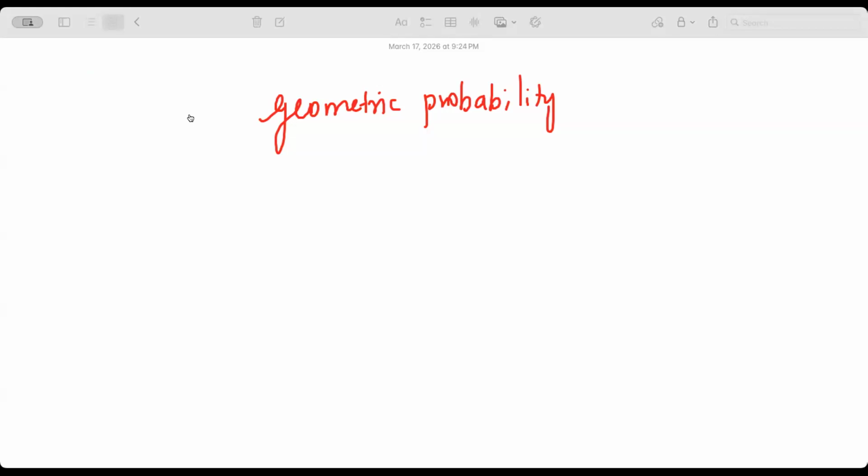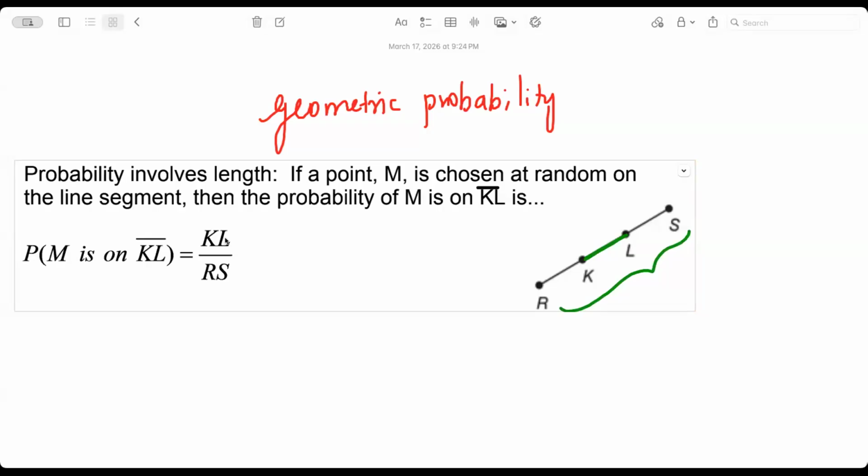I'll tell you what geometric probability is. Let me give you the concept first. Suppose there is a line segment RS. Now I choose a point M at random.